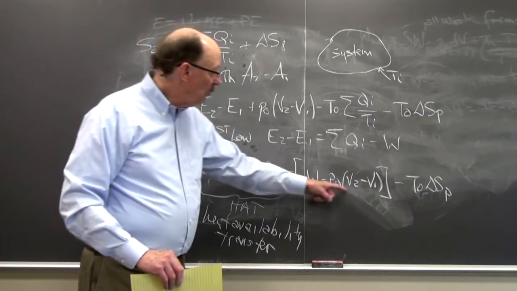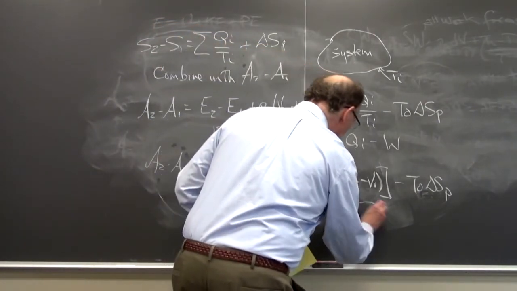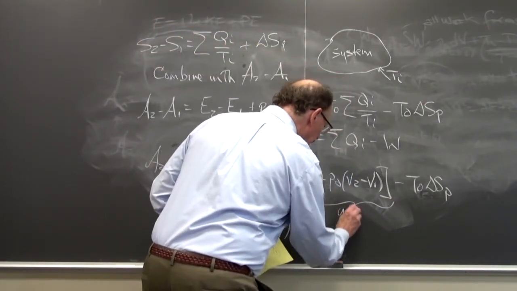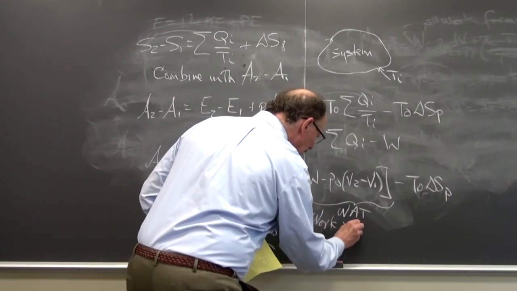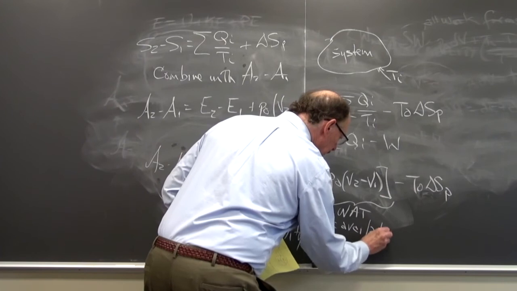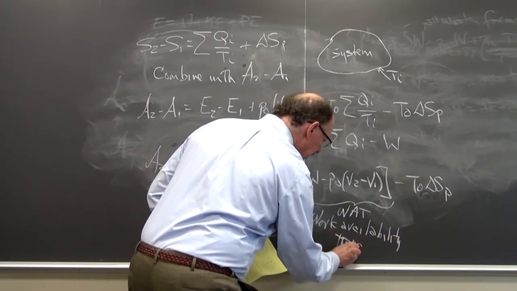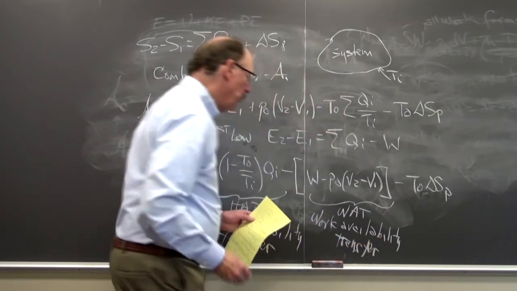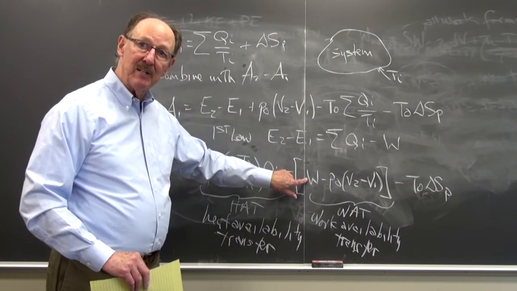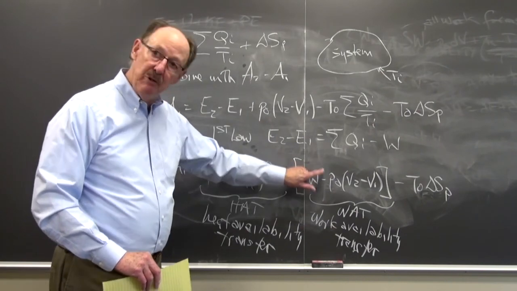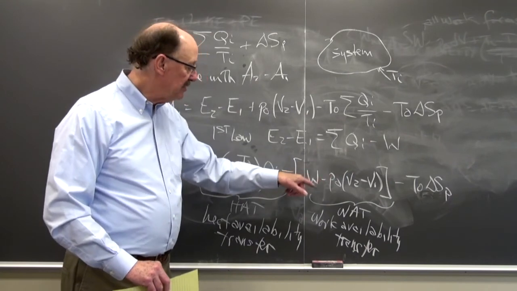This is the work availability transfer. And obviously, this has to do with work going in or out of the system. This work is the work we figure out by first law analysis. So this is the work that you know how to figure out that we've been doing since chapter 3. And this is work against the surroundings.